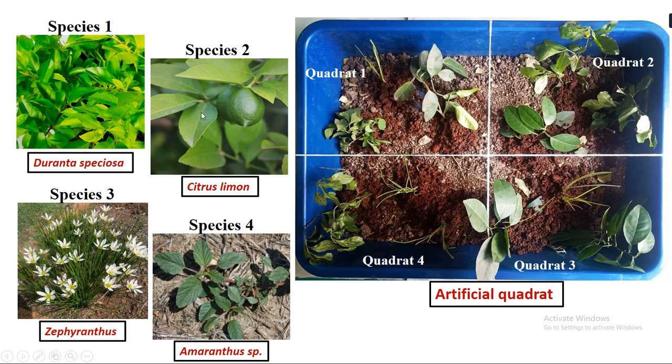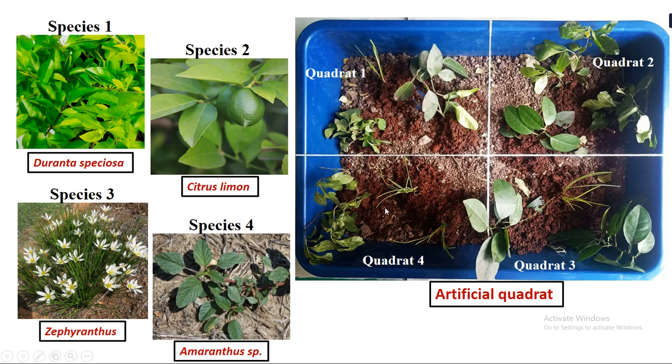The second one is Citrus lemon. The third one is Zephyranthes, which is a type of lily. And the fourth species is the random weed that grows along the roadside or in the field, which is Amaranthus species. So we are going to study these 4 species in these 4 quadrants.